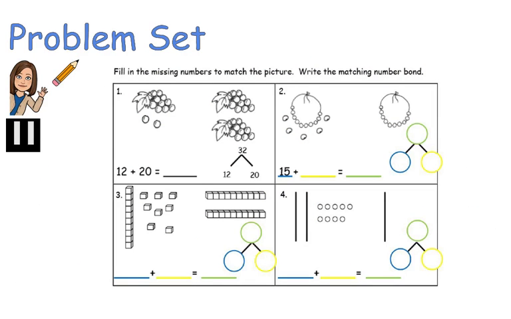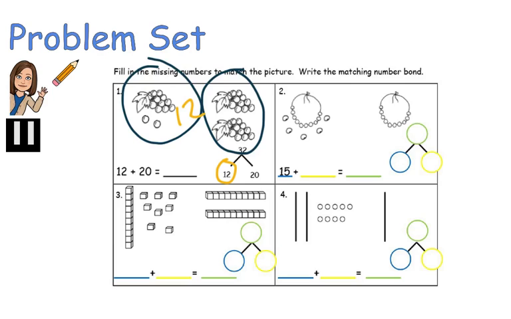Okay, so let's do the first few together. Let's look at number 1 with the grapes first. So they have split it up into 2 groups, so we have one group here and one group here. This first group has 12, which they filled in our number bond.